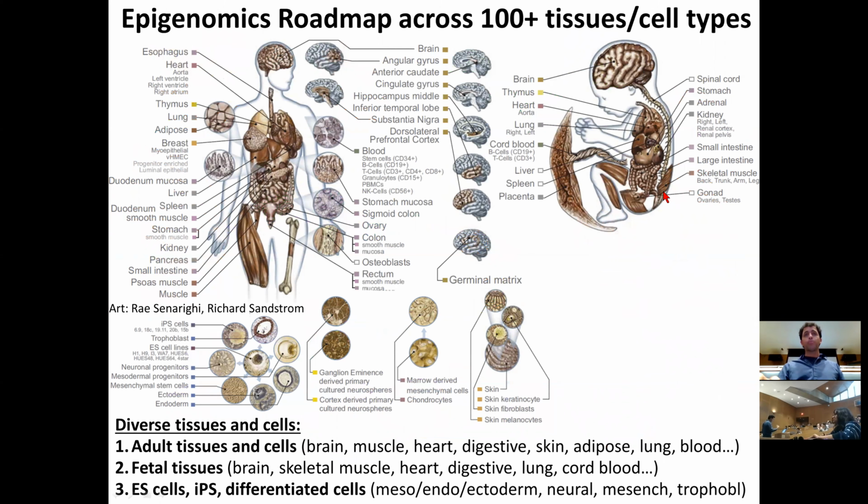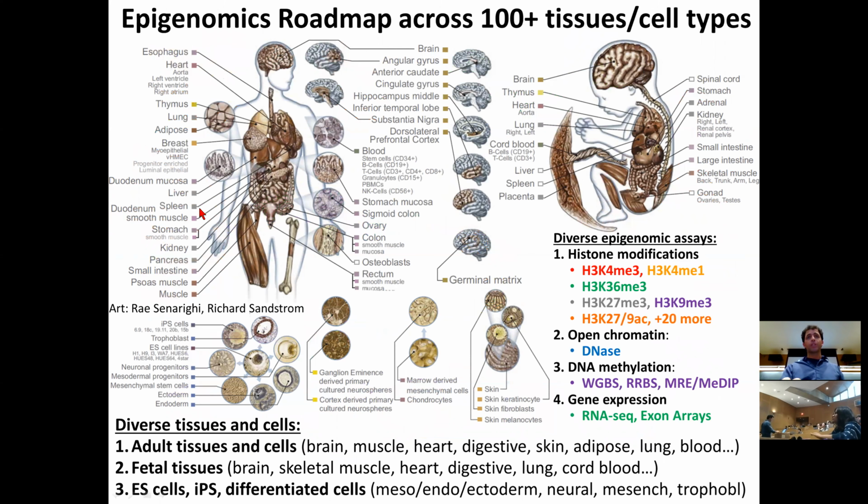Basically, we are now able to map these modifications across many different cell types. So this is one project that my group was very heavily involved in, the Roadmap Epigenomics project, where we mapped, across an international consortium of collaborators, all of these different tissues for many of these different modifications.